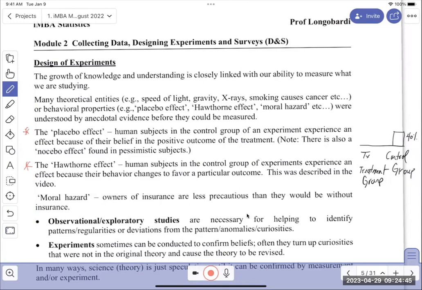To attribute improvements to the treatment, the pill or the exercise regime or whatever it is that is being studied, that has been narrowed down to a very specific thing that can be observed and controlled.